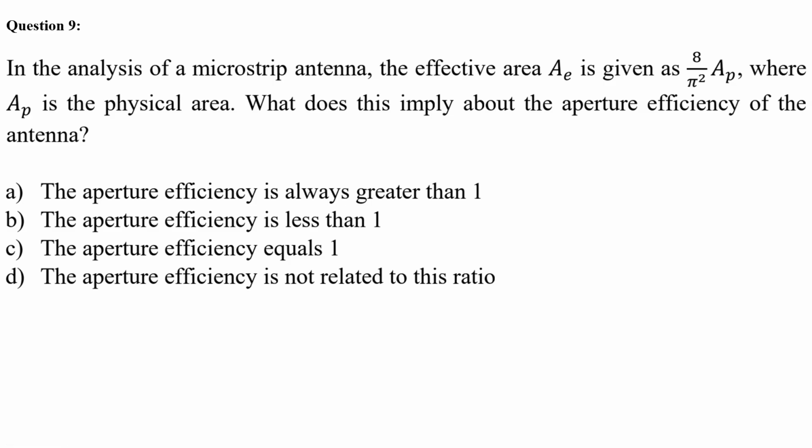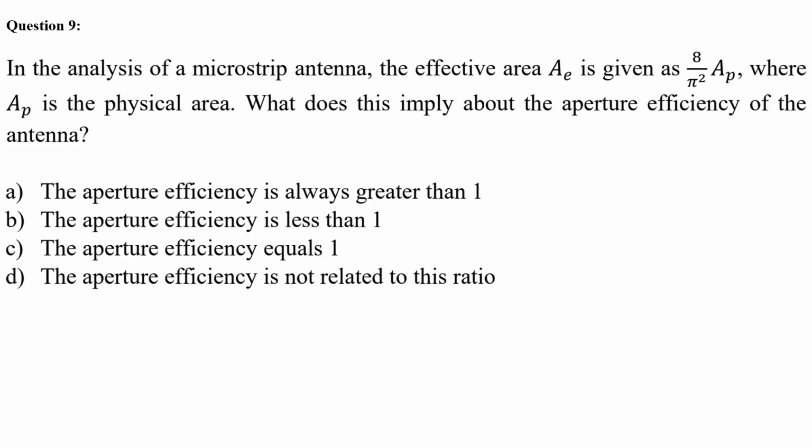In the analysis of a microstrip antenna, the effective area A is given as 8 by pi square into AP, where AP is the physical area.